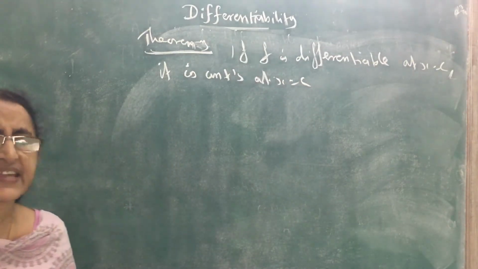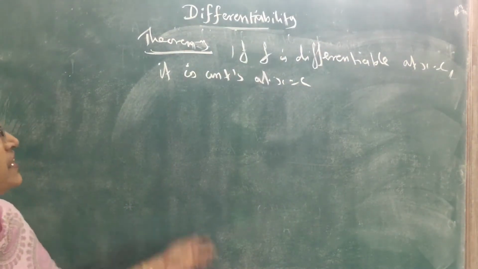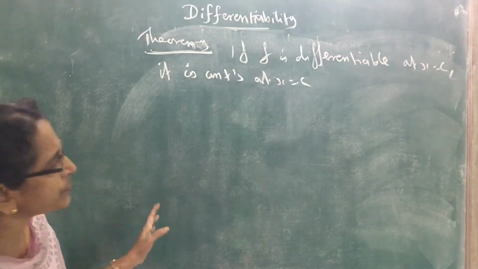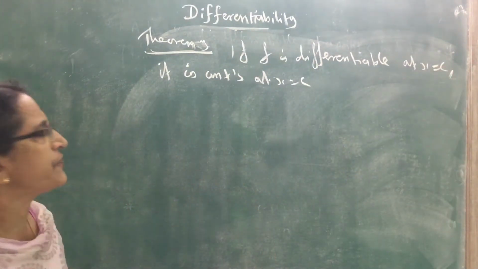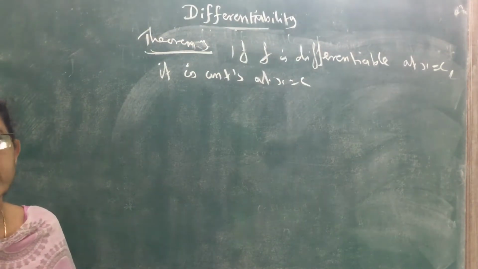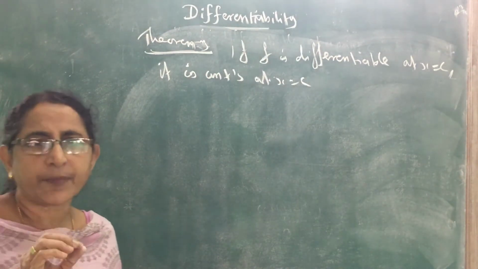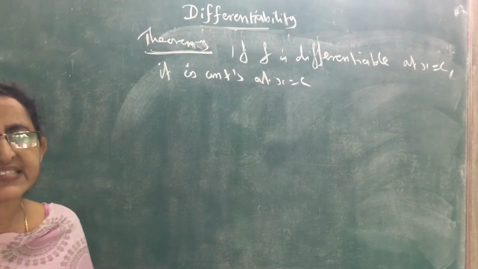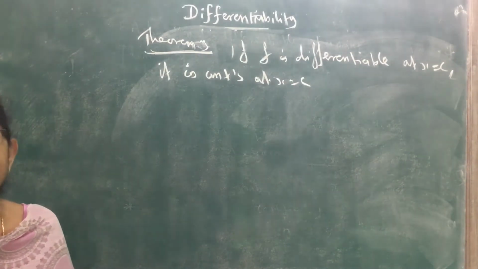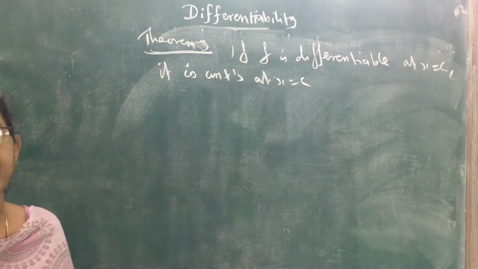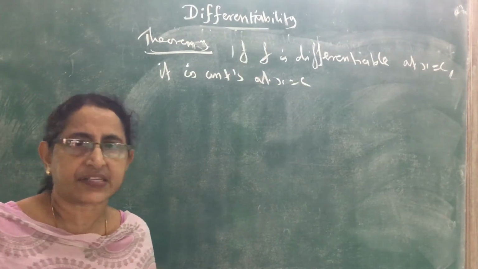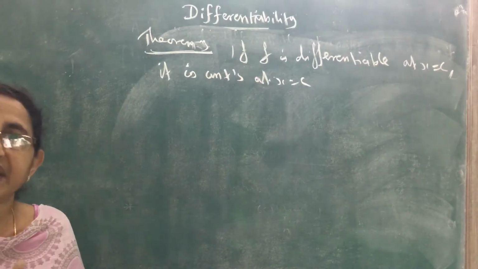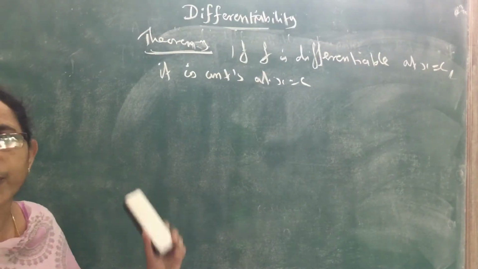Theorem 3 says that if a function f is differentiable at a point x equal to c, then the function is continuous at x equal to c. That means differentiability at c implies continuity at x equal to c. Differentiability implies continuity. That is what the theorem says. We have to prove that theorem.